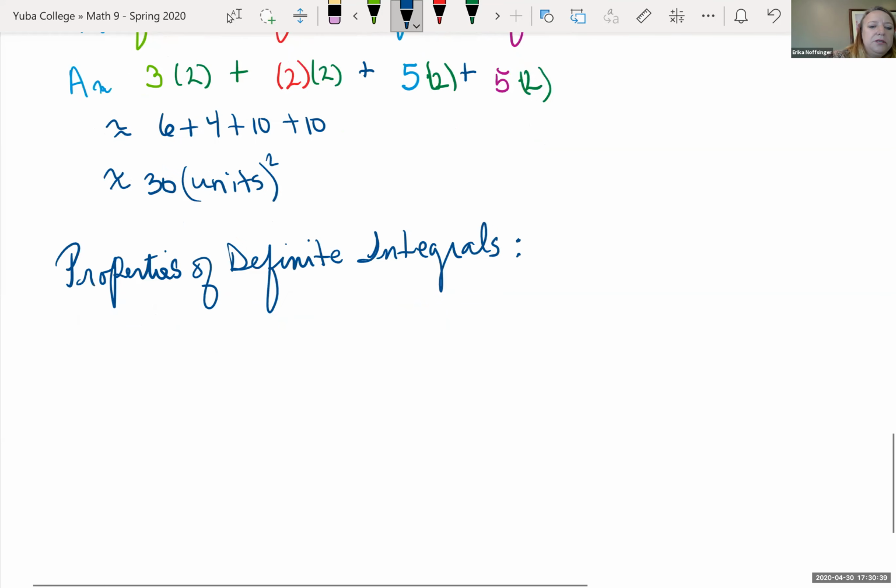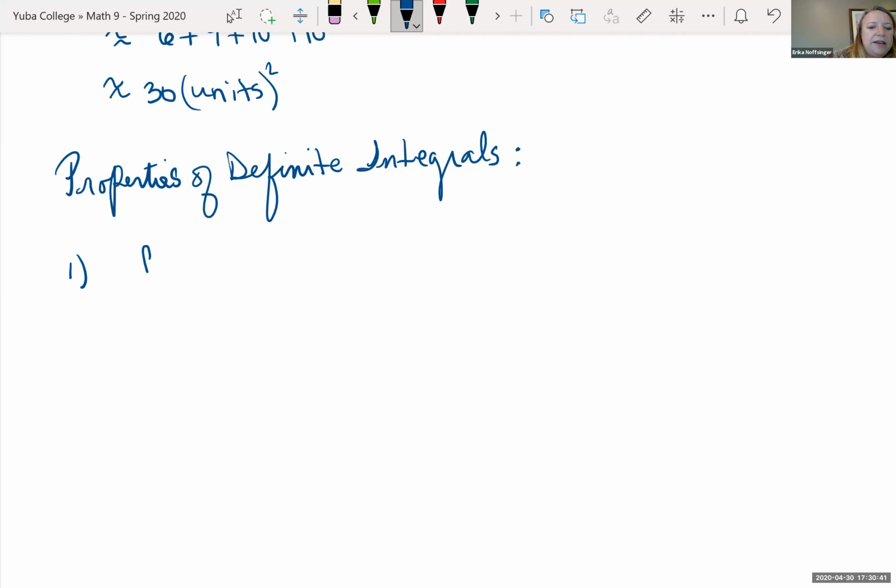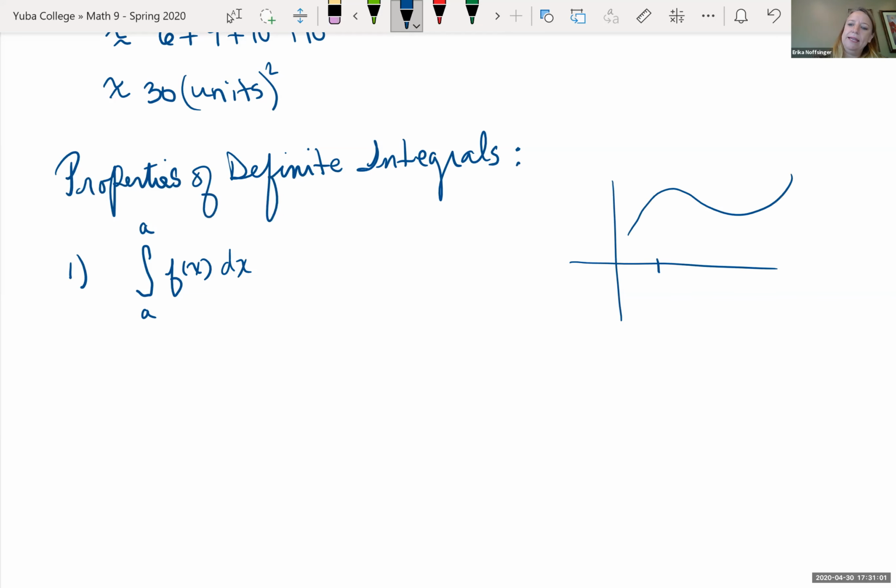Okay, so if you were looking at a function f of x, and you were looking at the integral from some value a to a, what do you think that is? What do you think the area is from a to a? It's actually going to give you 0.